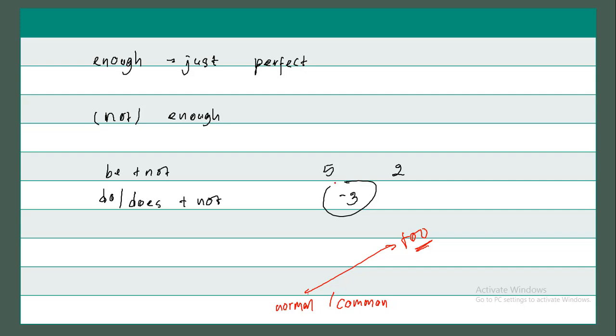Imagine I need 2 apples, but someone gave me 7. Now we have got 5 extra. So for this one I could say I have too many apples, I would like to share with you, because the condition here is 2.